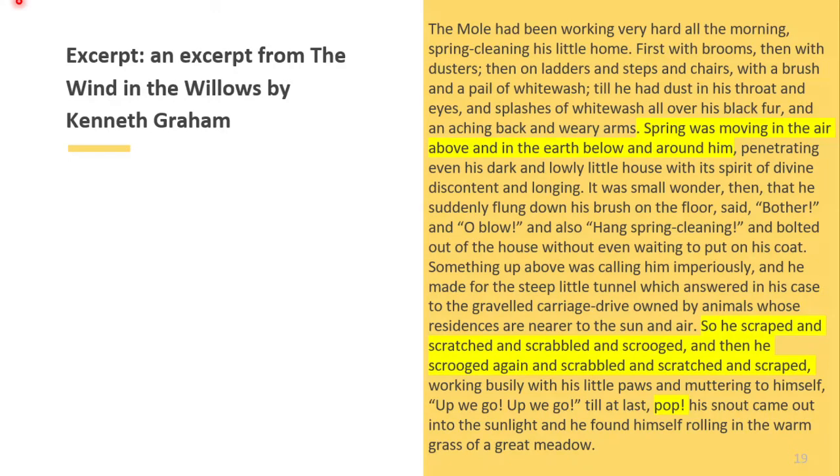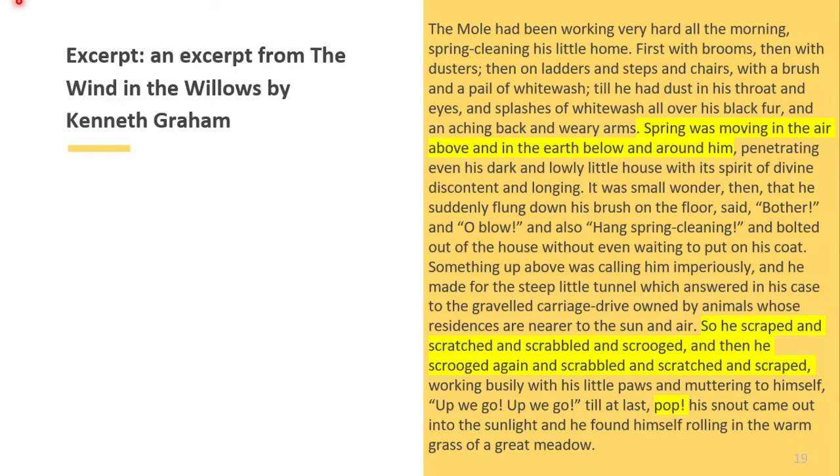Something up above was calling him imperiously, and he made for the steep little tunnel which answered in his case to the gravelled carriage down drive owned by animals whose residences are nearer to the sun and air. So he scraped and scratched and scrabbled and scrooged, and then he scrooged again and scrabbled and scratched and scraped, working busily with his little paws and muttering to himself, up we go, till at last, pop, his snout came out into the sunlight, and he found himself rolling in the warm grass of a great meadow.